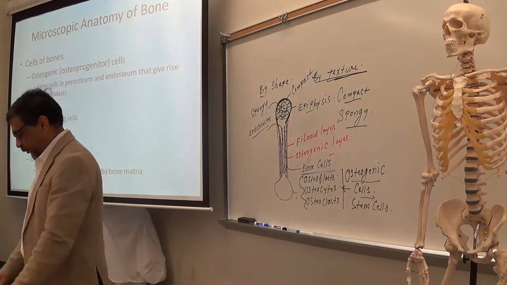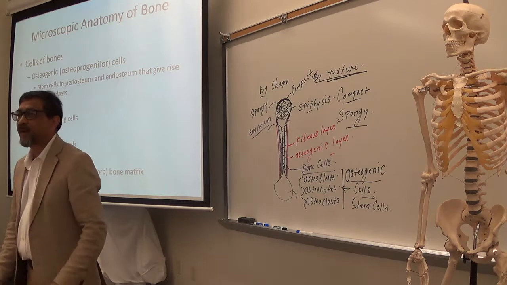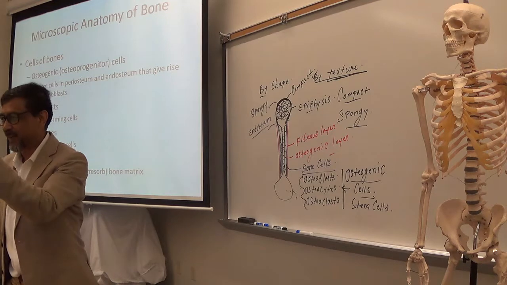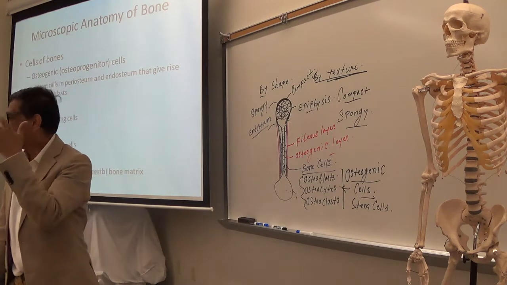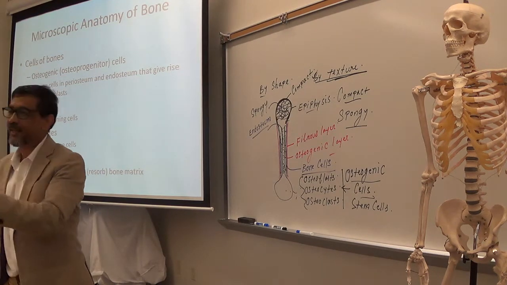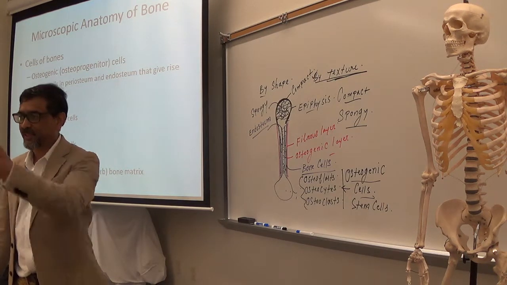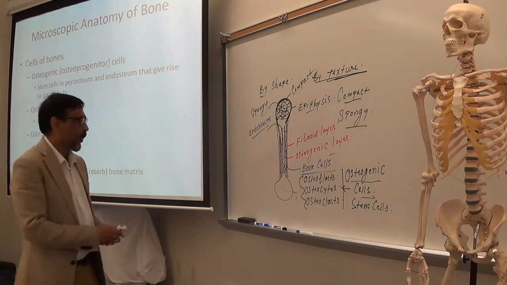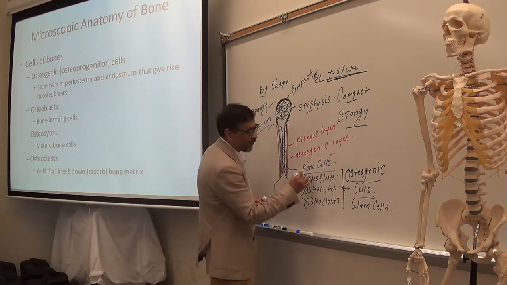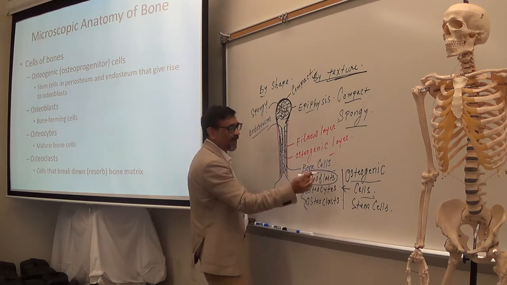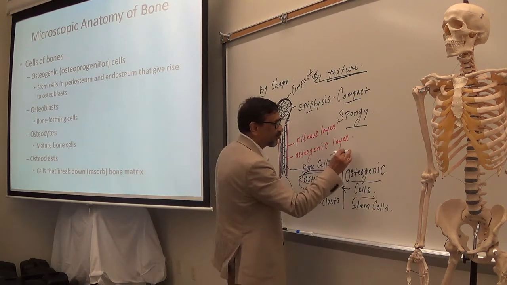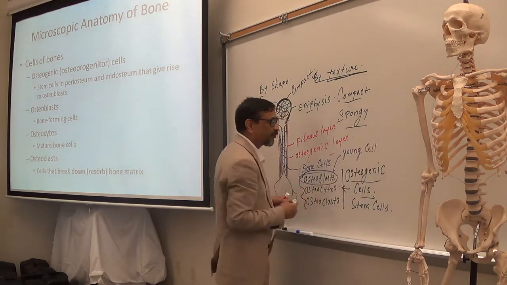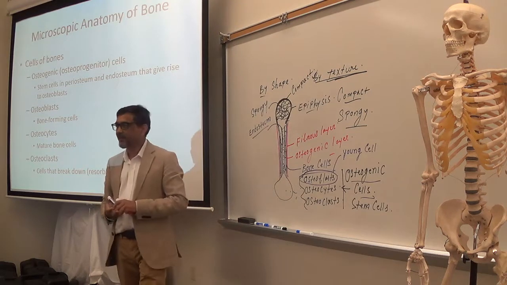Okay, so how many bone cells we have in the bone? 4. Okay, 4, including the stem cells, right? Good. Stem cells are called osteogenic cells. That makes sense, right? Osteogenesis. And osteoblasts. Osteoblasts are young cells. Osteoblasts are what?